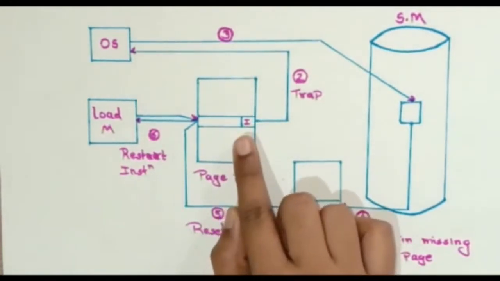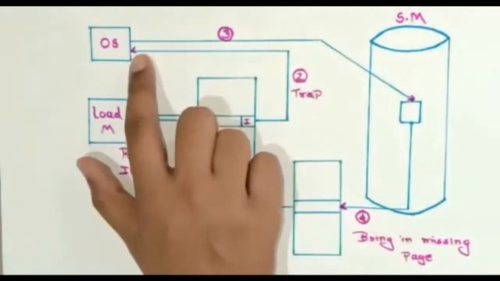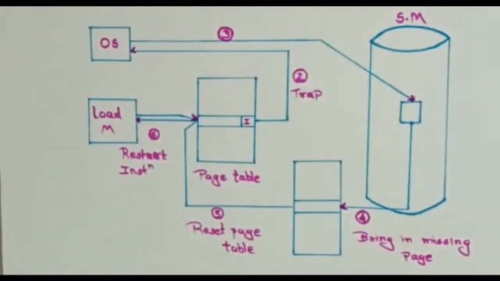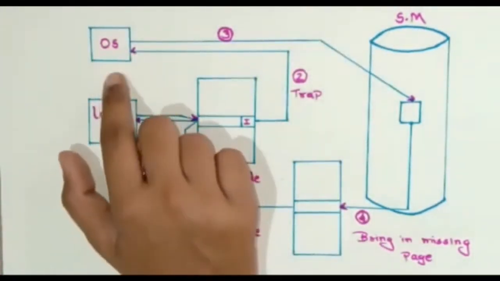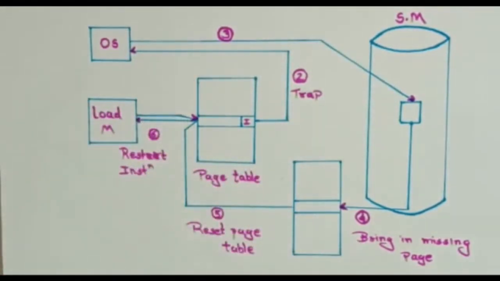Suppose there is an I, it means an invalid reference. Whatever it is requesting is an invalid page, not present in the main memory. Then it sends a signal to the operating system. As we can see here, the program transfers control to the operating system.